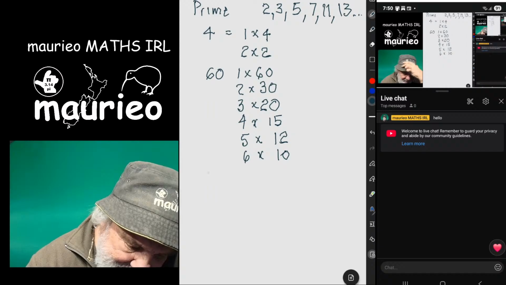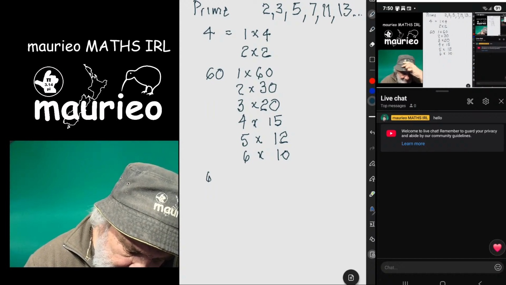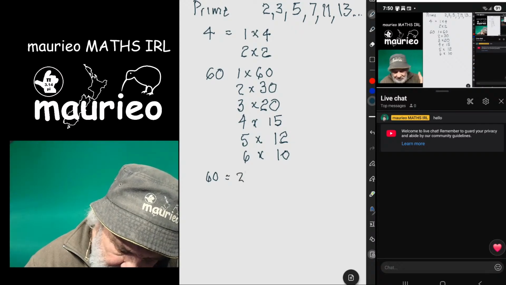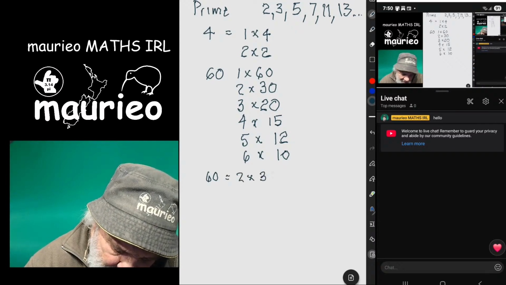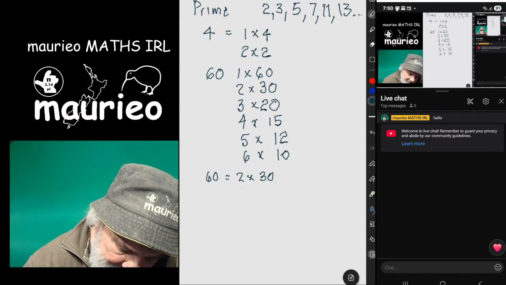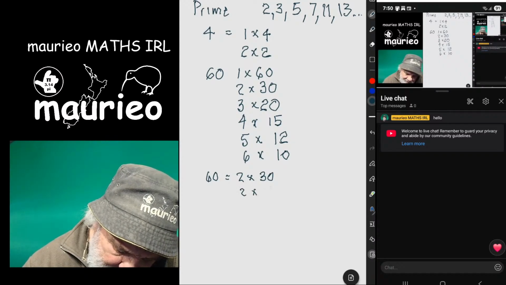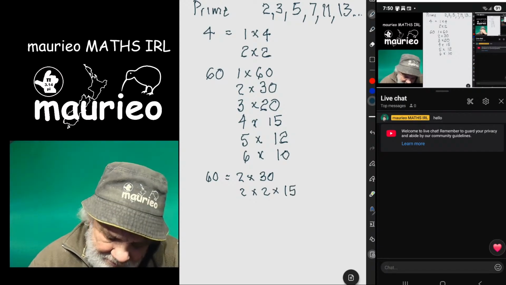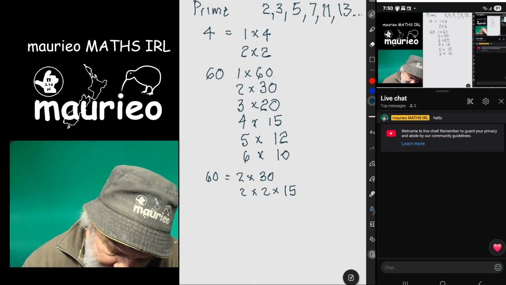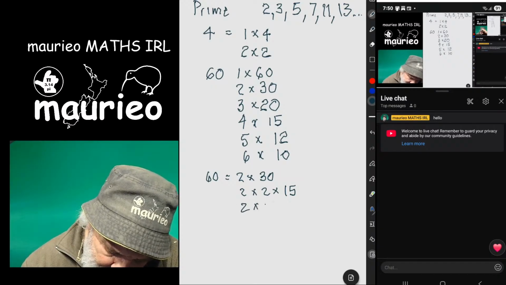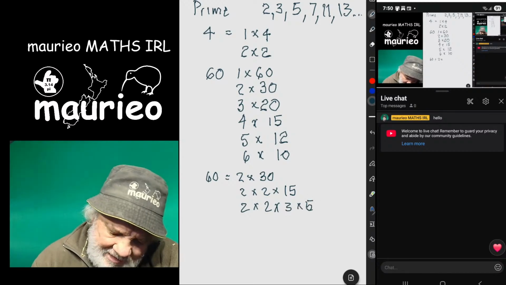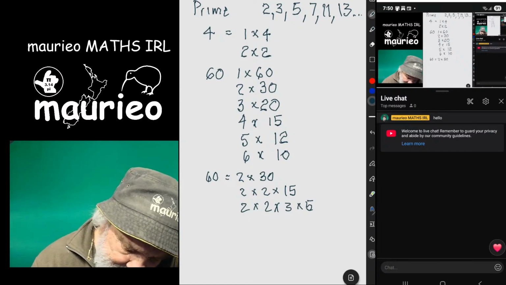We can say, if we take 60, that's 2 times 30, and then we can say that's 2 times 2 times 15, so we factorise 30, and then that's 2 times 2 times 3 times 5, and that's it as a product of its primes.